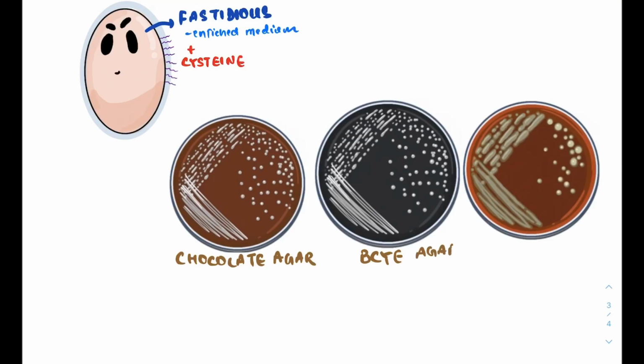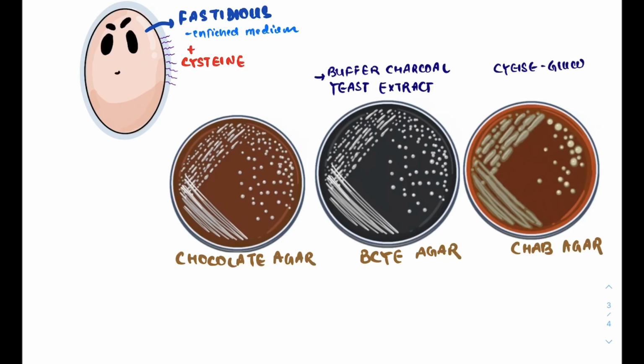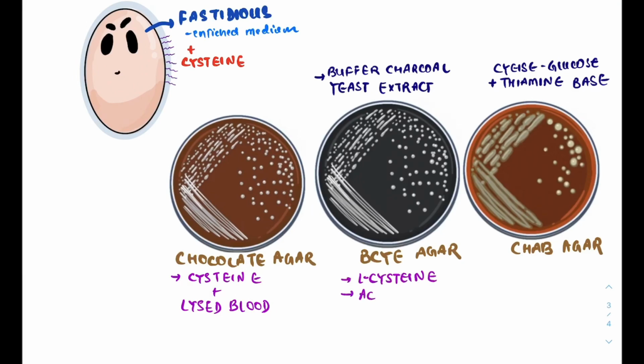BCYE agar stands for buffered charcoal yeast extract agar, and CHAB agar is a cysteine, glucose, thiamine based agar. In chocolate agar we have cysteine plus lysed RBC. In BCYE agar we have L-cysteine, activated charcoal, and finally yeast extract.